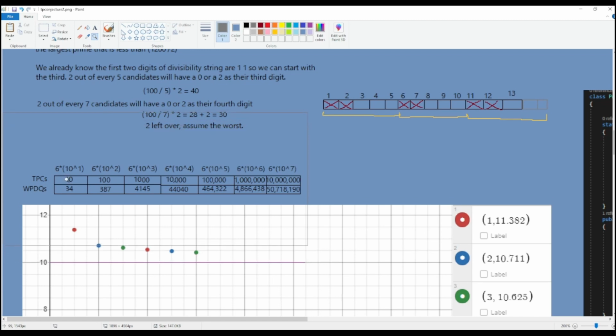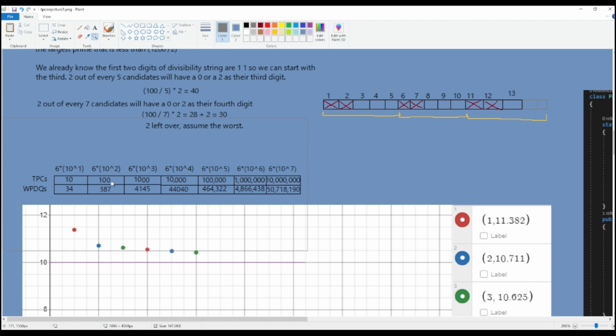So you can see when n equals 60, we get 10 new candidates and 34 worst possible disqualifications. And when n equals 600, of course, we get 100 candidates and we get 387 worst possible.